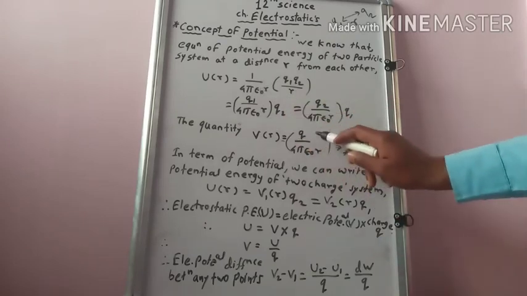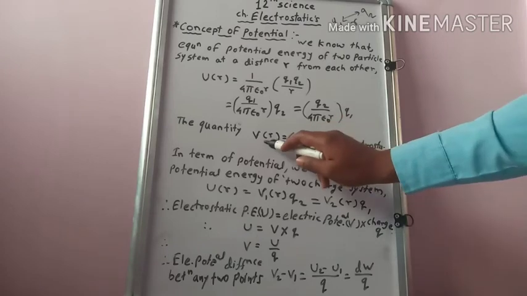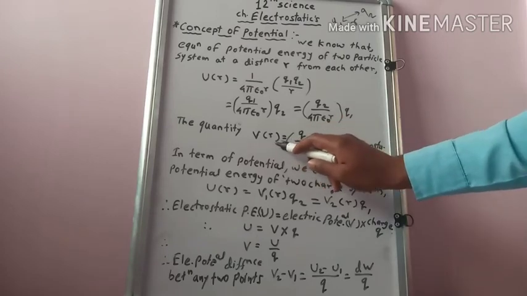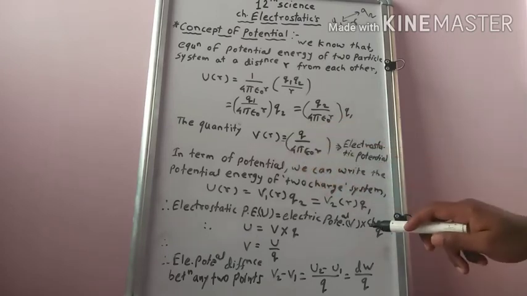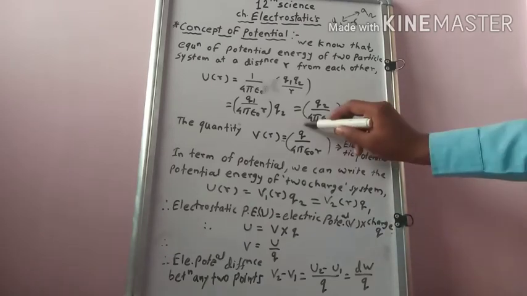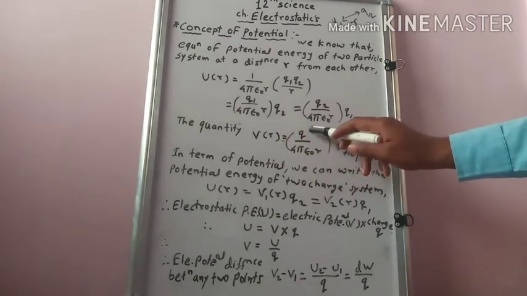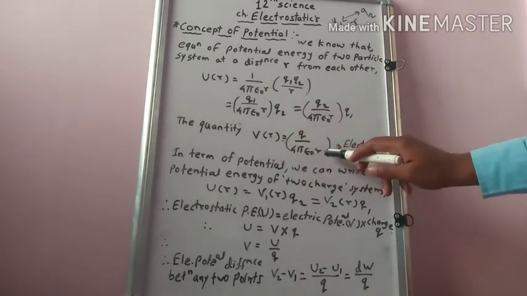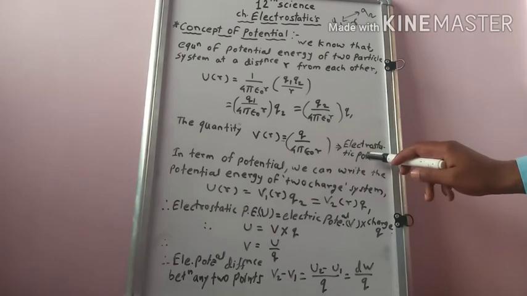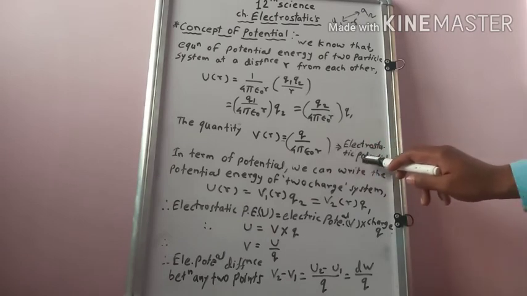This quantity q upon 4 pi epsilon naught r is represented by V of r, and this is called the electrostatic potential. The quantity V of r is equal to q upon 4 pi epsilon naught r, and it is called the electrostatic potential.